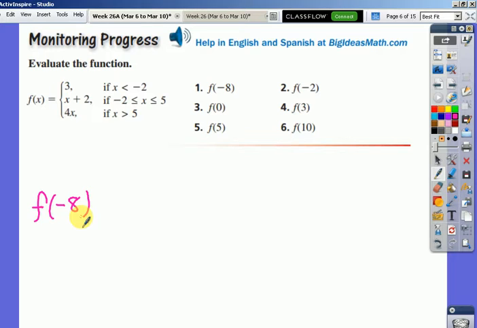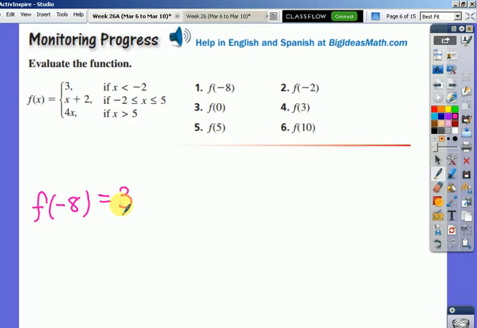Is negative 8 between negative 2 and 5, or equal to negative 2 or 5? It's not. So it can't be plugged into that second one. Is negative 8 less than negative 2? Yes, so it's plugged into the first one. The first one is 3, right? So that's what it equals.